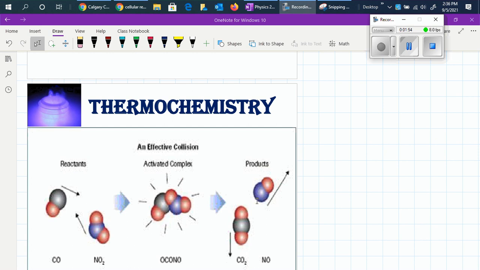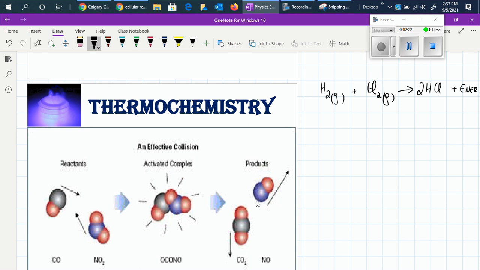So that will result in a negative delta H. An example of this is when we have hydrogen and chlorine forming hydrochloric acid, plus energy.